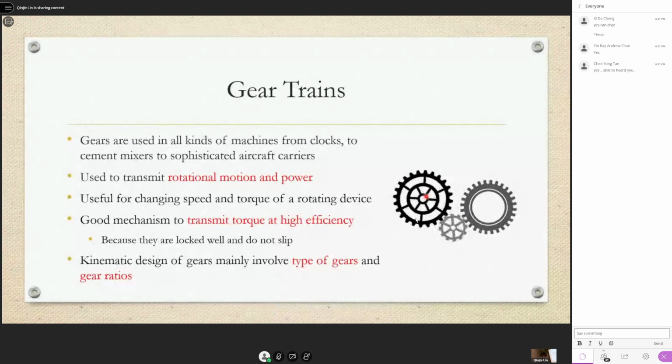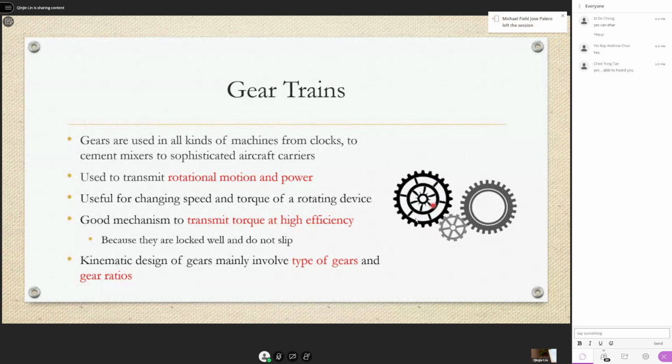In this manner, the second gear will have to rotate at a certain speed to match the teeth of the first one. So if it's a bigger one and a smaller one, the speed of the smaller one will be increased by a lot, because one tooth must match the other one, correct? But this one has a lesser number of teeth.